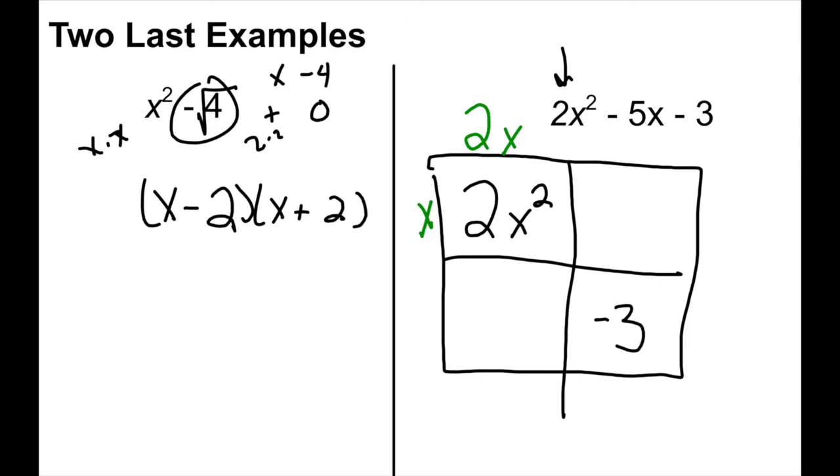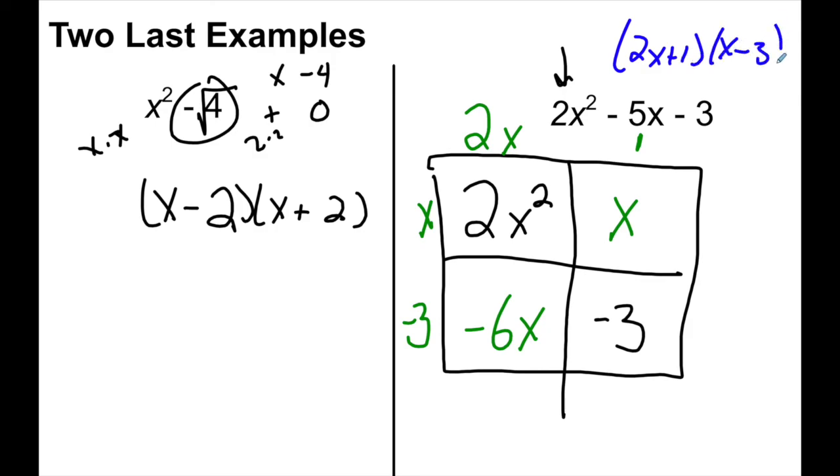So where I put the numbers matters. And I need to put my -3 here so that 2x times -3 will give me -6x. And then my 1 will go here to give me x. So everything comes together. I get -5x. And my factored form is 2x plus 1, x minus 3.